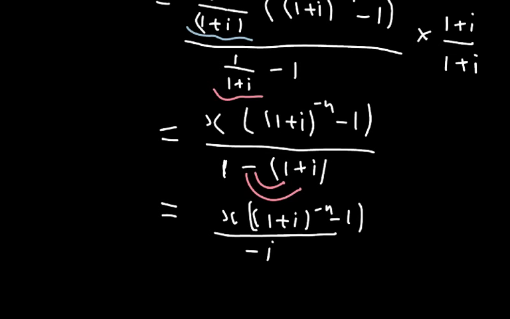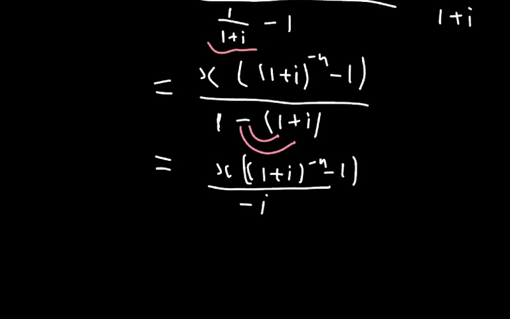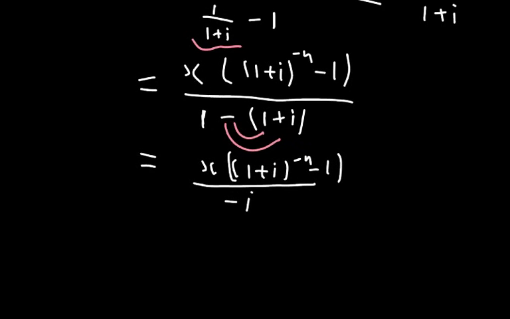And then the last step, we are going to multiply both the top and the bottom by minus 1. If we do that, this thing on the bottom will become a positive i.